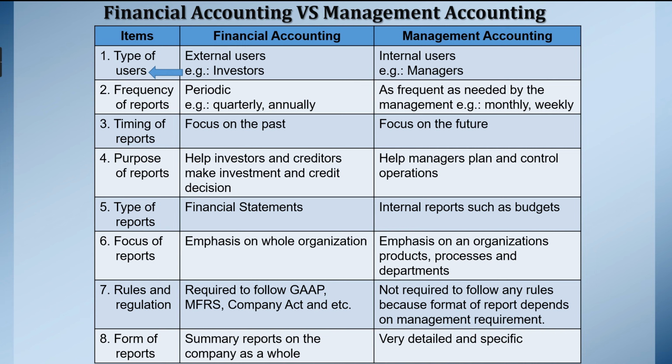In financial accounting, actually we have both: the users are internal and also external users, but the main purpose of preparing the financial accounting statements is actually for the external users. But the users of information from management accounting are only the managers, because we are focusing on the internal users.